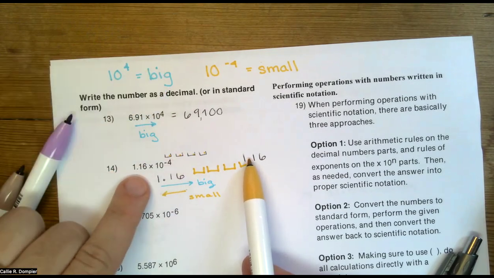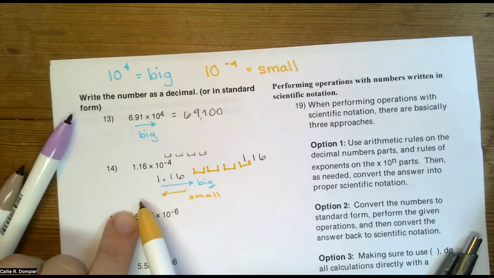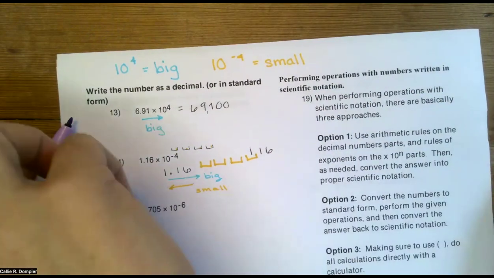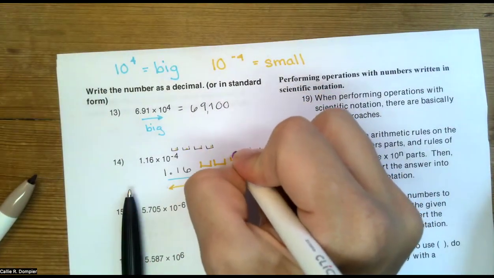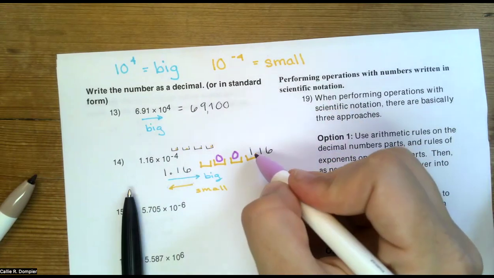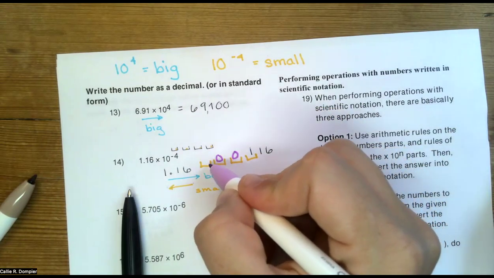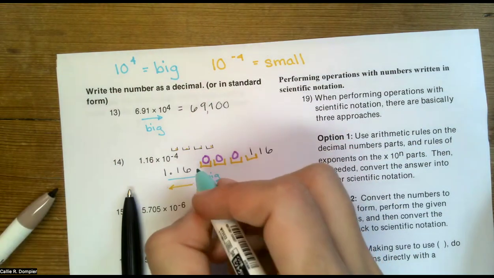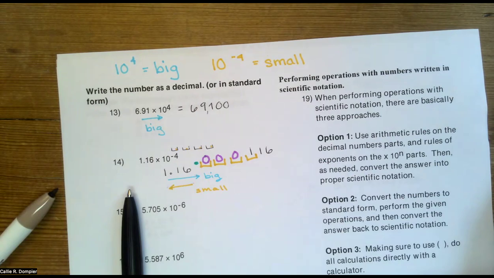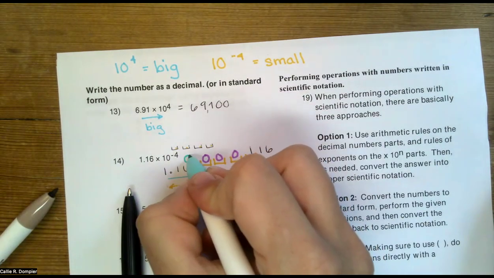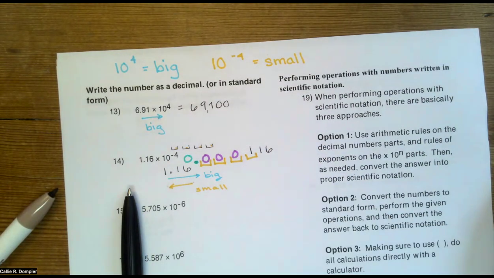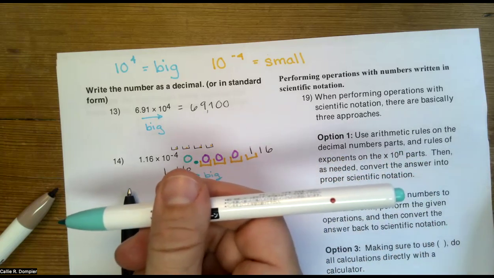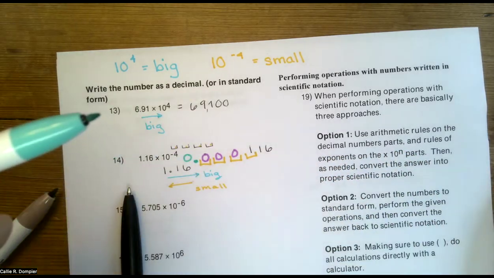The decimal started here, but we're moving it backwards because it's a negative, filling those in with zeros. Okay. 1, 2, 3, 4. And then the decimal point. So we would even put a decimal point before it. That makes sense? So when it's a negative, we're going to move the decimal point this way. When it's a positive, we're going to move the decimal point that way.